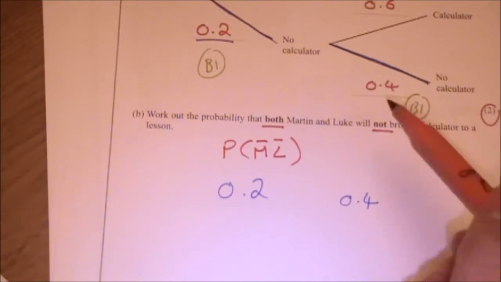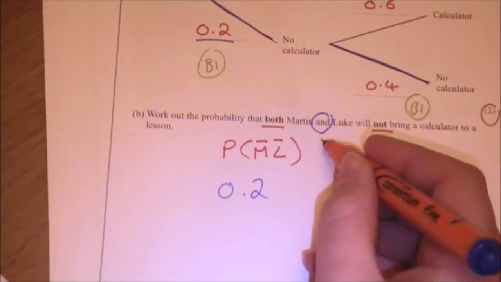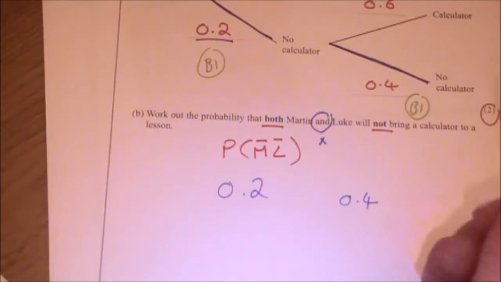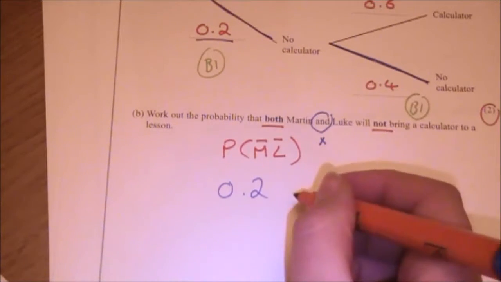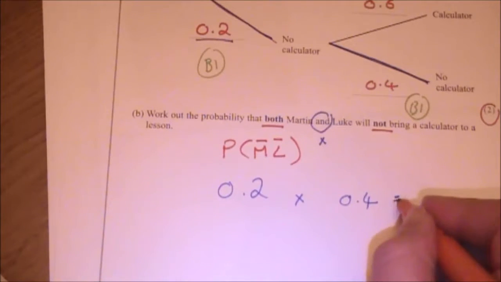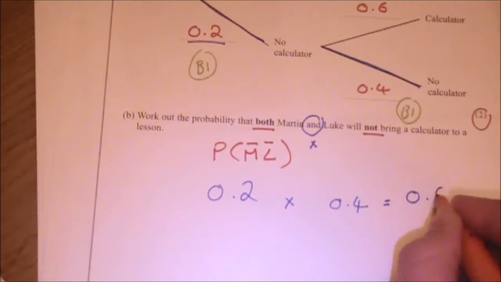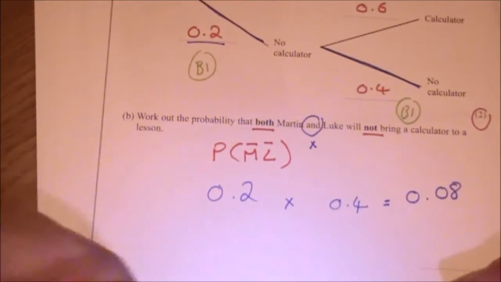Now with probability, the fact that I'm looking at an AND means I multiply. If I was looking at an OR, I would have to add. But because I'm looking at an AND, it means going across the tree, I have to multiply. And 0.2 times 0.4 equals 0.08.